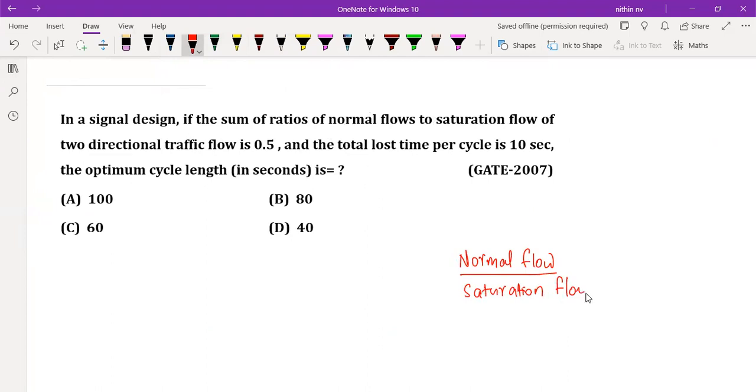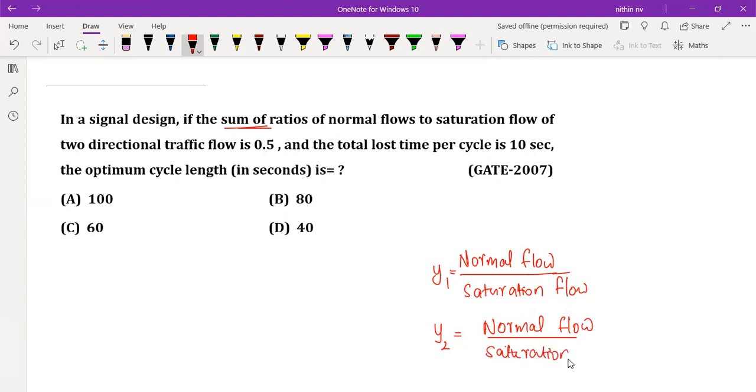But it's not simply the ratio, it is the sum of. Sum of means we have to keep on adding, which means similarly we'll be having some other ratios also. If I'm just calling it as some small y, let this be y1. So similar to this y1, I'll be having one more ratio, which is another normal flow by another saturation flow.